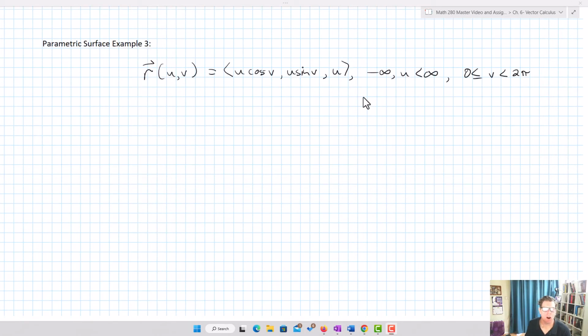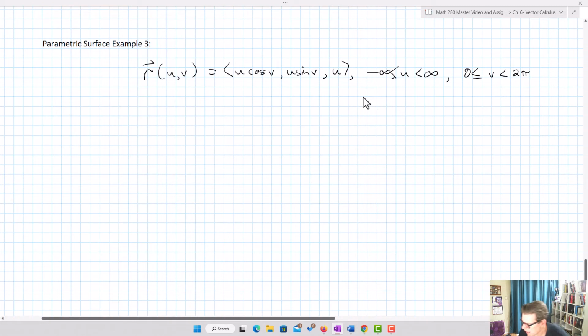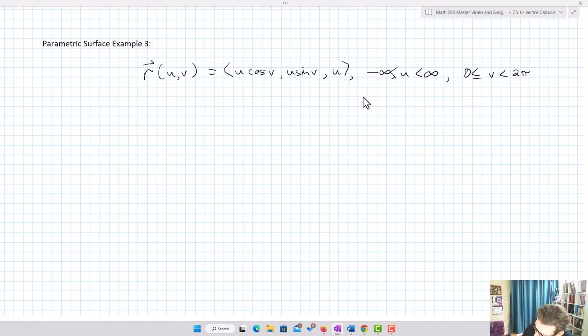Now let's consider r of uv equal to u cosine v, u sine v, u, where u is between negative infinity and infinity, and v is greater than or equal to 0 and less than 2 pi. I'm going to consider some grid curves. Let's say we let u equal 1.